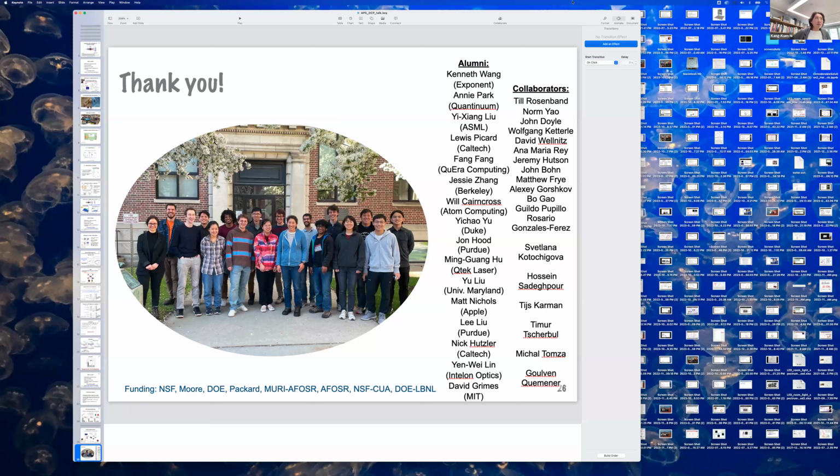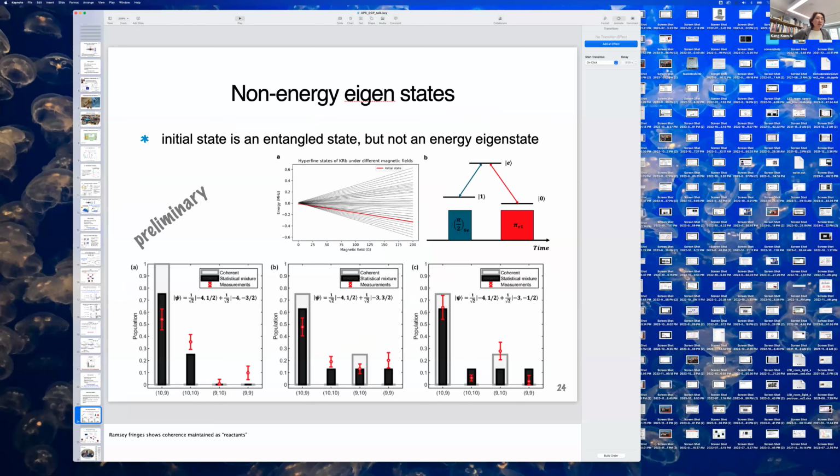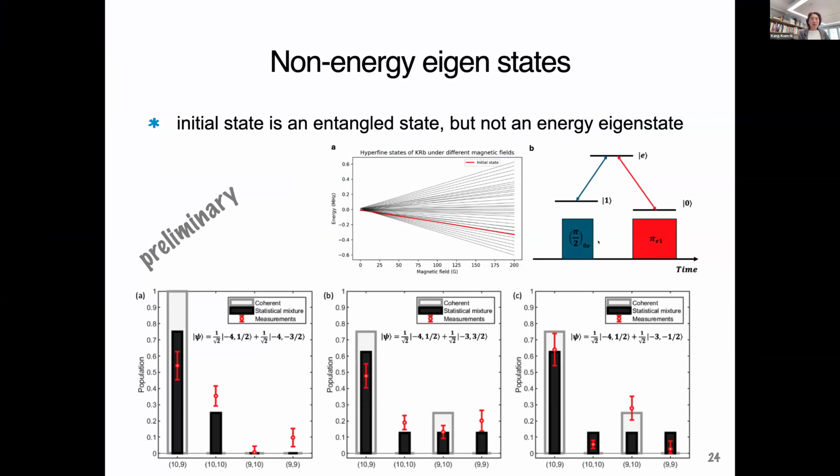Right. So in our case, we do have 5 gauss, and in some of these other measurements that we've shown with different spin composition, we were worried about whether spin projection preserving is the thing that matters in leading to statistical mixture outcomes.